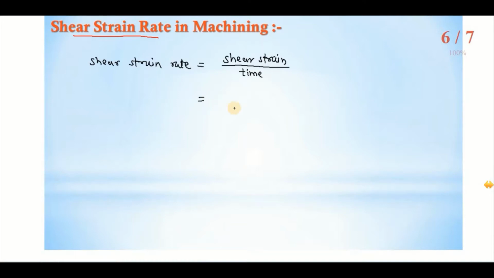So we have seen the shear strain can be given as AF upon DG, into 1 upon time. So this is the time for shear. So we can write AF upon this time, that is Ts, into 1 upon DG.